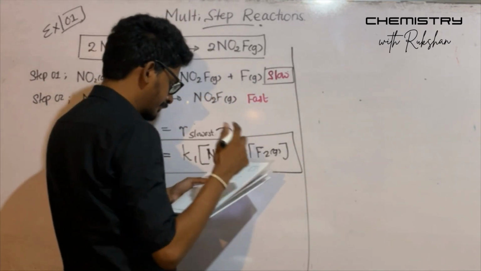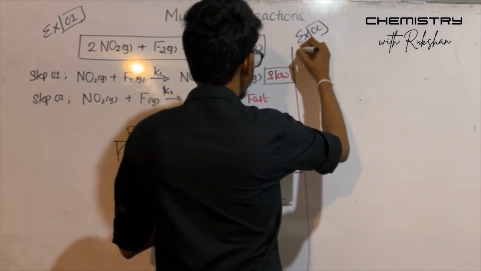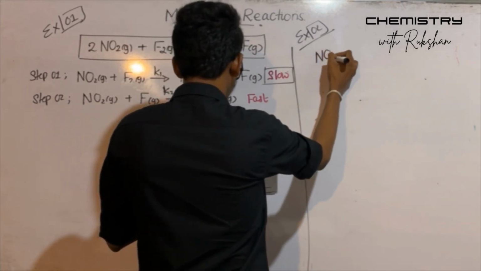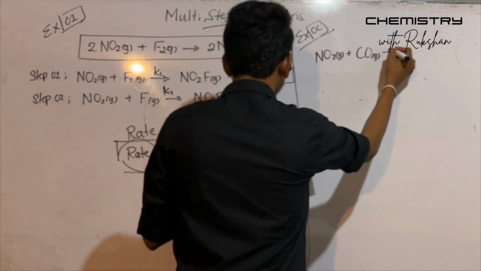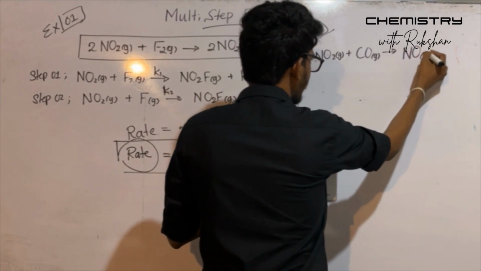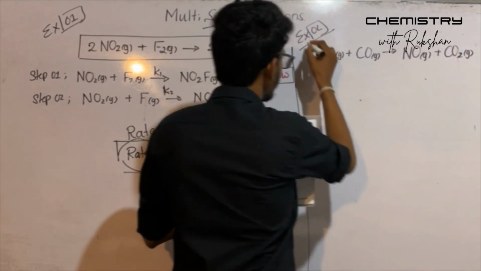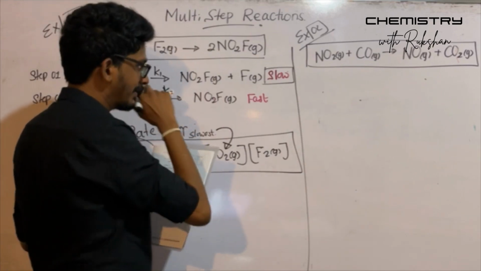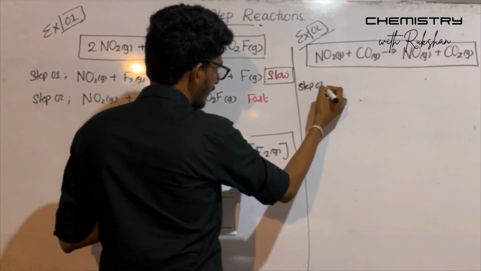See the second one, Example 2. So you have the overall process like this: NO2 gas reacting with CO gas, giving you NO gas plus CO2 gas. This is the overall process. And they have given the mechanism, step 1 and step 2.